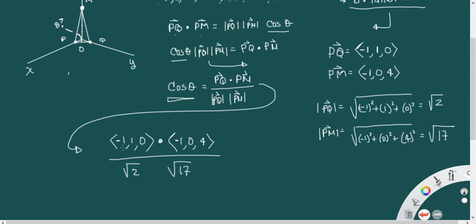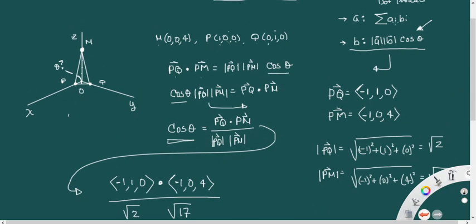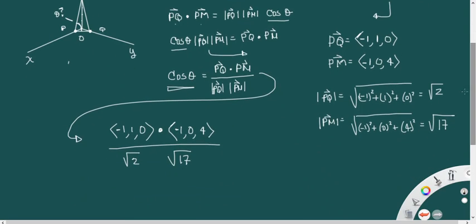We did the dot product here. Remember, the formula for the dot product is the sum of the multiplication of each one of the components with reference to each one of the axes, so x, y, z, x, y, z. So minus 1 times minus 1 is equal to 1. 1 times 0 is 0, and 0 times 4 is 0, so this is going to be equal to 1.